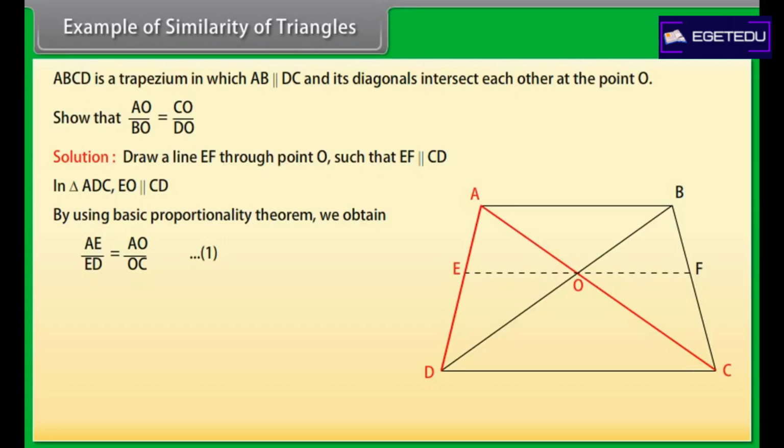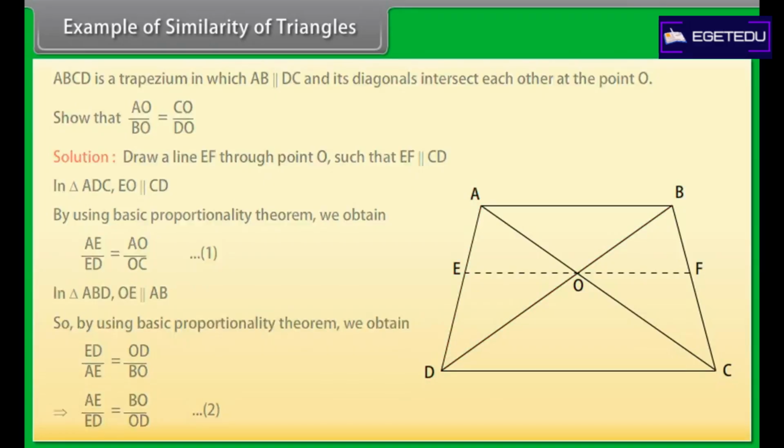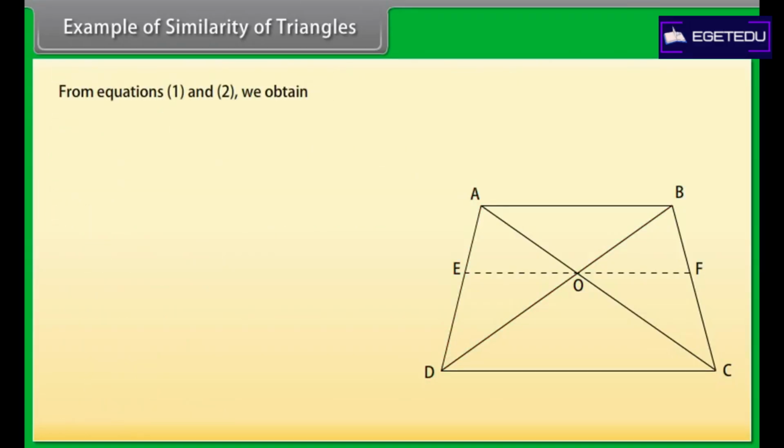Mark it as 1. In triangle ABD, OE is parallel to AB. So, by the basic proportionality theorem, we obtain ED/AE = OD/BO, which implies AE/ED = BO/OD. Mark it as 2. From equations 1 and 2, we obtain AO/OC = BO/OD, which implies AO/BO = OC/OD.